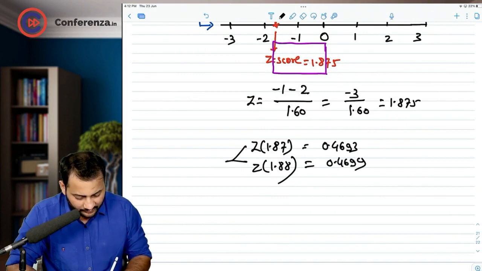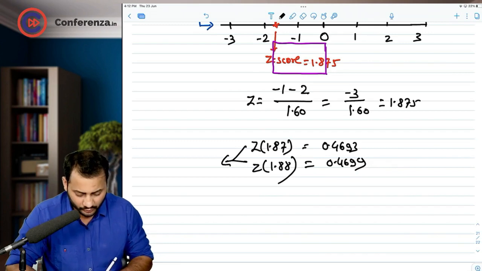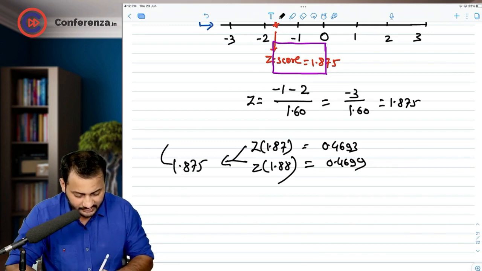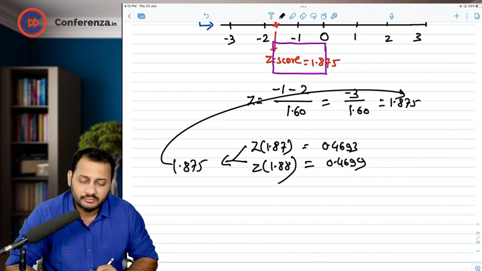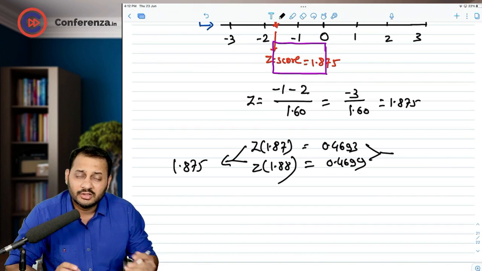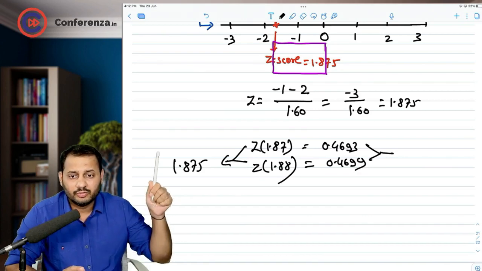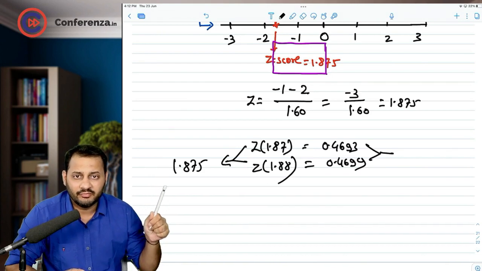If you average these two, add both figures and divide by 2, you will get the figure for 1.875 that you want. This is called interpolation. You have to move equal points from every side.